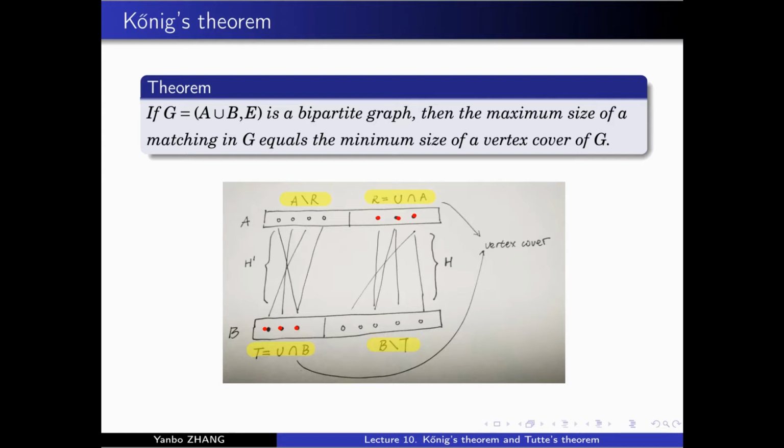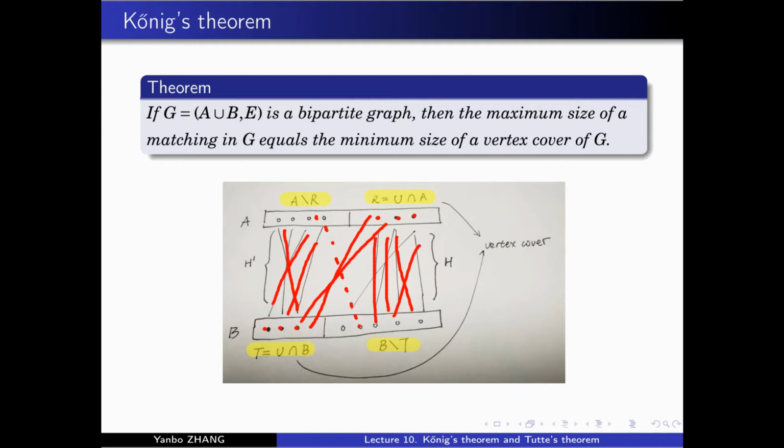There are some edges from A minus R to T, and some edges from R to B minus T, and some edges from R to T. But there is no edge from A minus R to B minus T. Why?